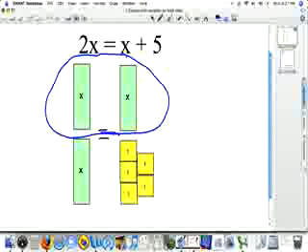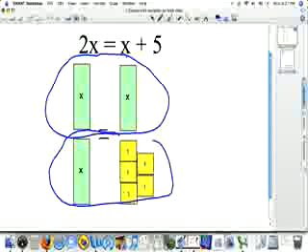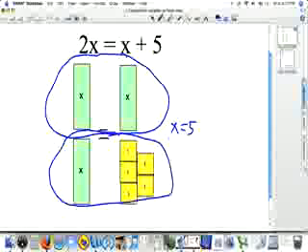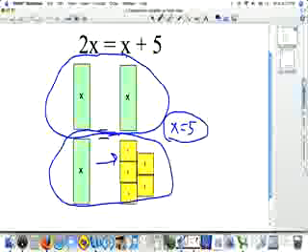Well, it means this x must equal these 5. So really, x equals 5. Whatever this x was representing, it equaled 5 of these blocks, because this x equals that x. There's no question about that. So this x must equal those 5. So that's the way you should be thinking about this.